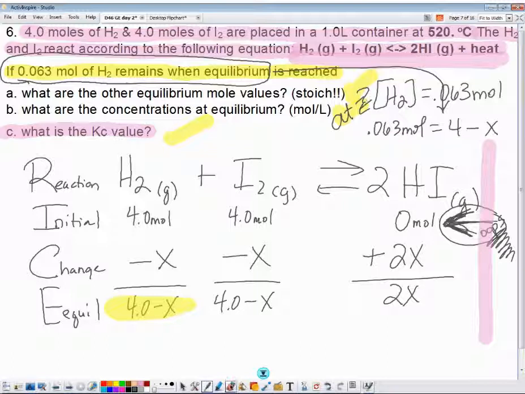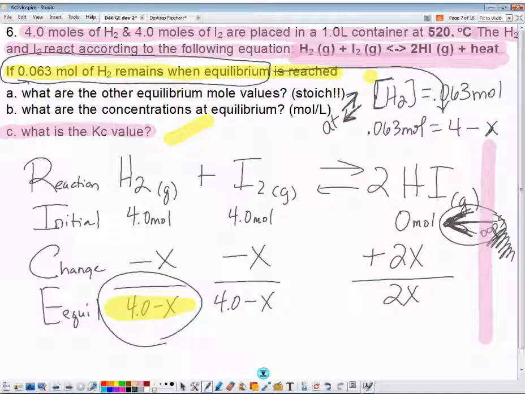Let's erase that. At equilibrium, there you go. Is that better? Okay, at equilibrium, the hydrogen value is told to us to be 0.063. I've already decided at equilibrium based on my ice chart that 4 minus X is my equilibrium value. Therefore, 0.063 is equal to 4 minus X.